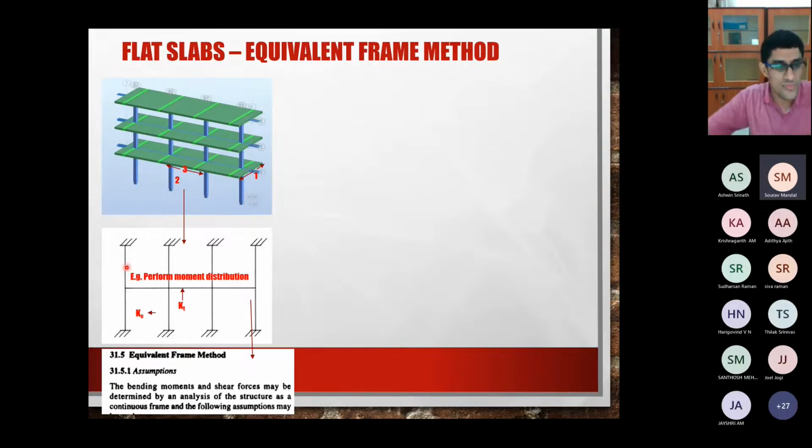Yes or no? I'm not asking whether it's difficult or easy. I'm just asking whether it's possible. Is it possible to apply the moment distribution method to this and then find all the moments in the supports and joints, etc.? If you know all the stiffnesses, can you do it or cannot do it?